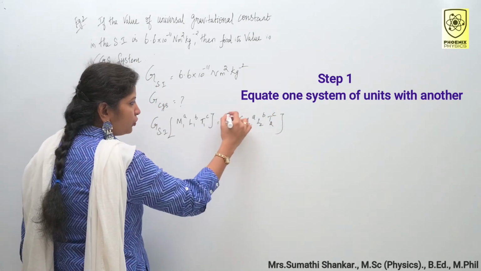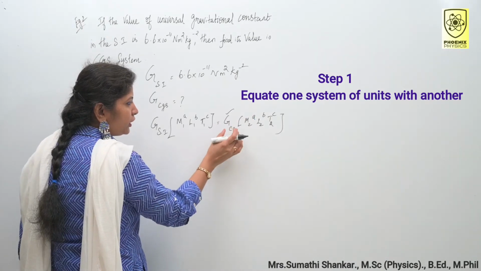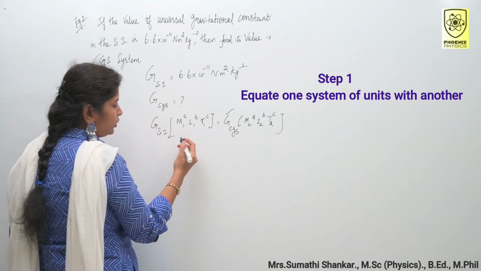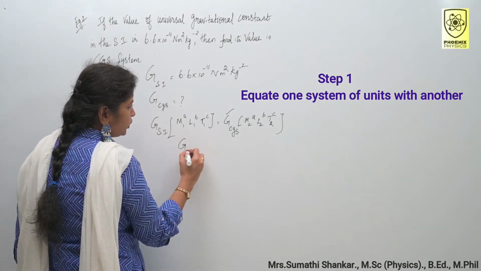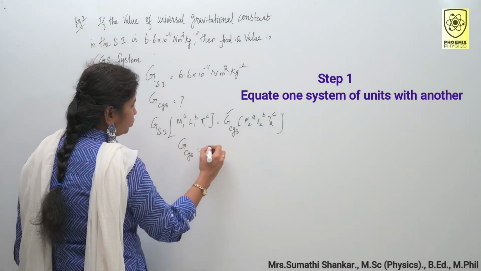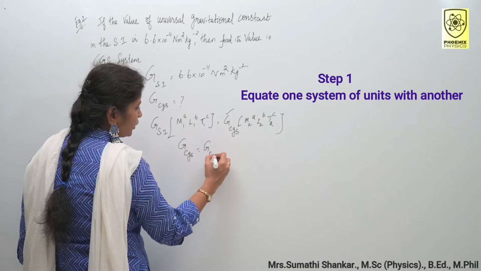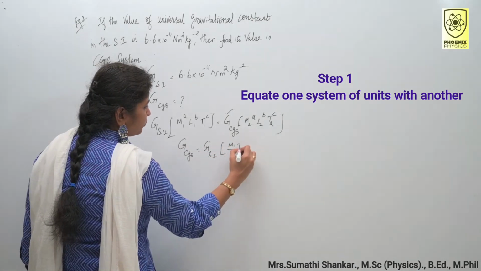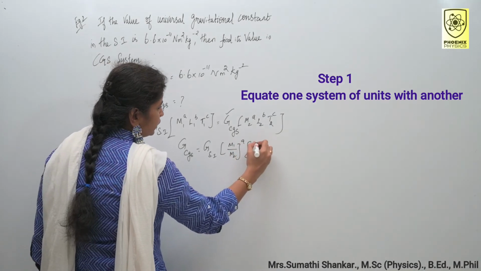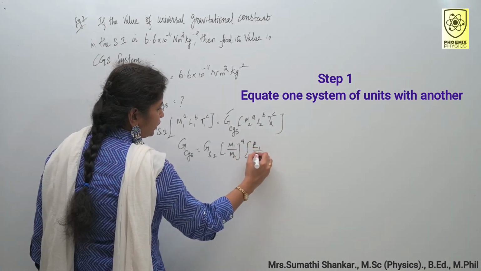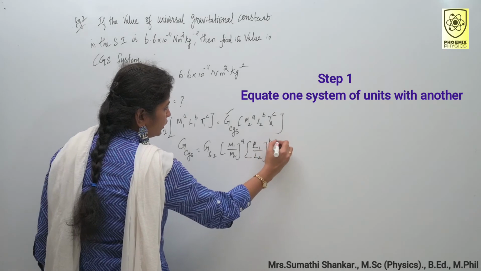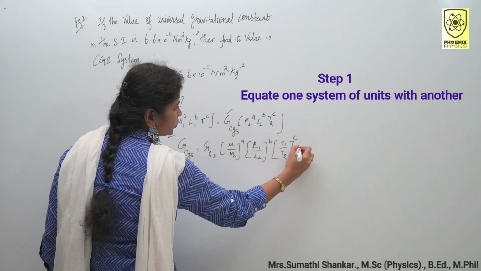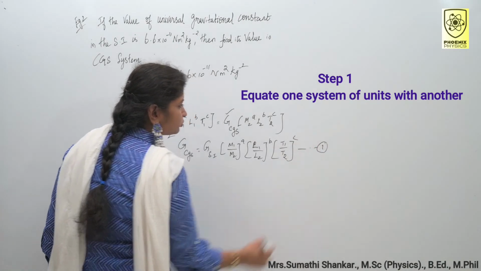Now we want to find out only G CGS. Keep the term here, bring the term to the other side. So G CGS is equal to G SI (M1 by M2) to the power A (L1 by L2) to the power B (T1 by T2) to the power C. This is our equation 1.